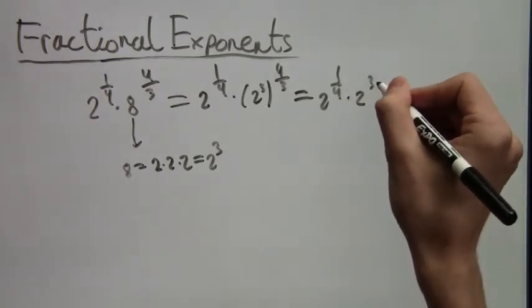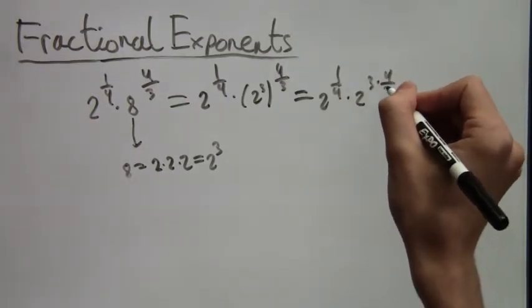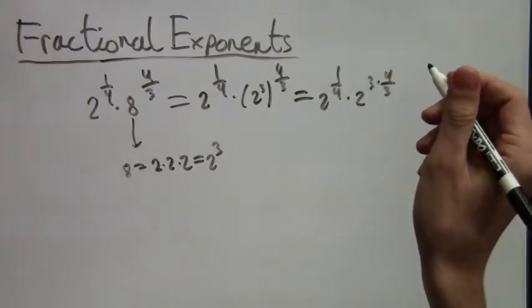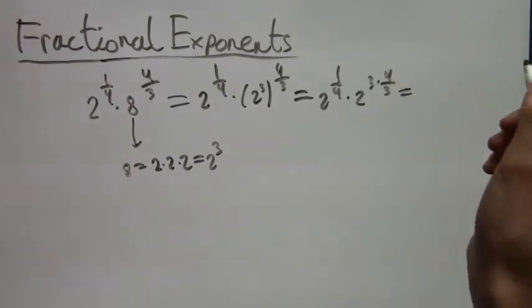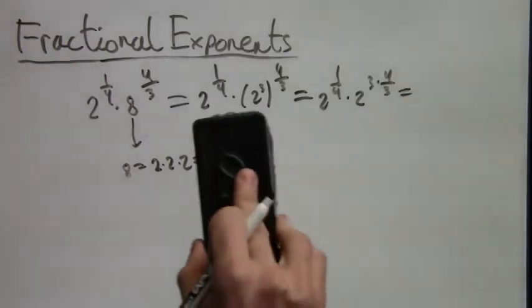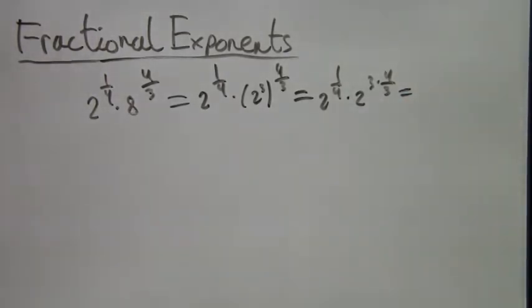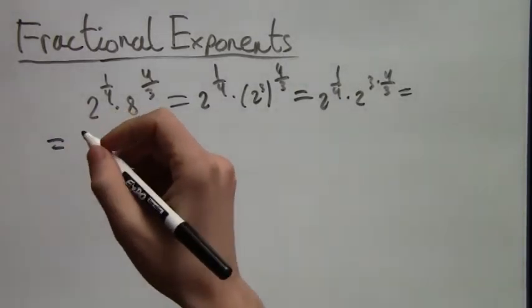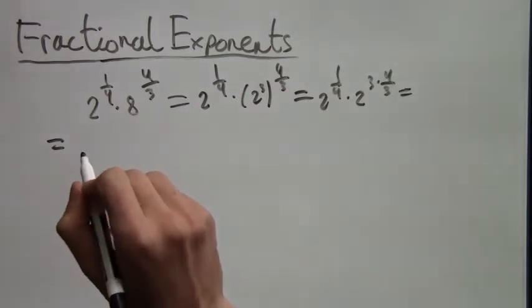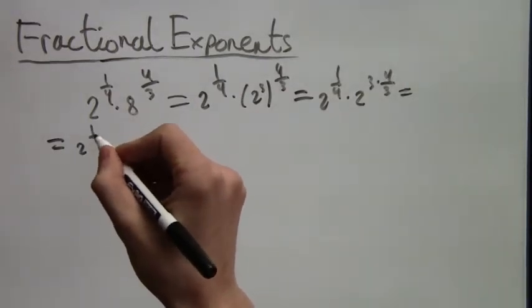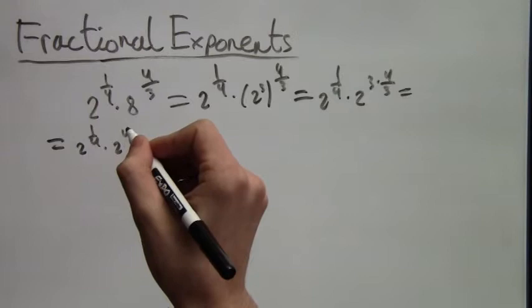So we have 2 to the 1/4 in the very front times 2 to the 3 times 4/3. And that, of course, simplifies to just 2 to the 1/4 times 2 to the 4th.